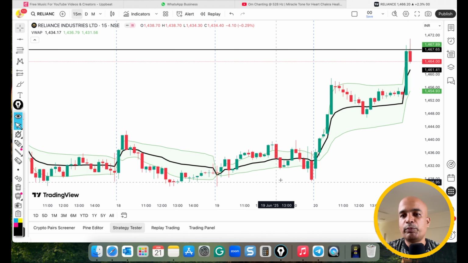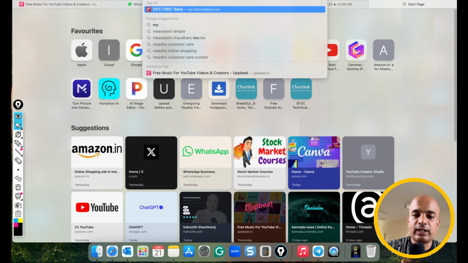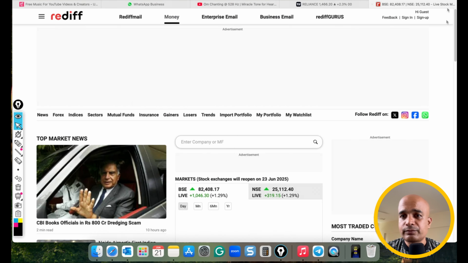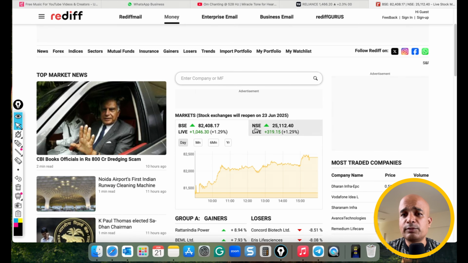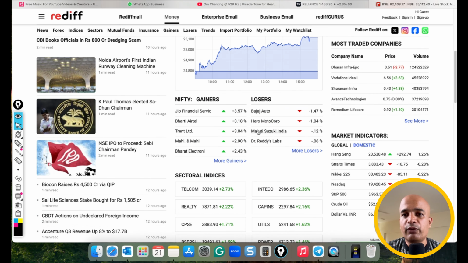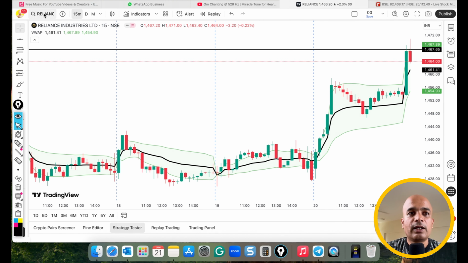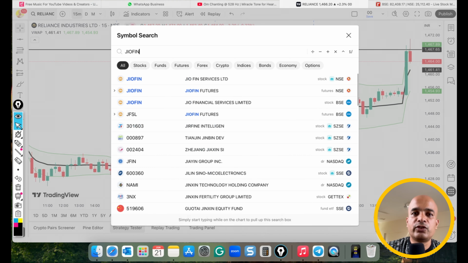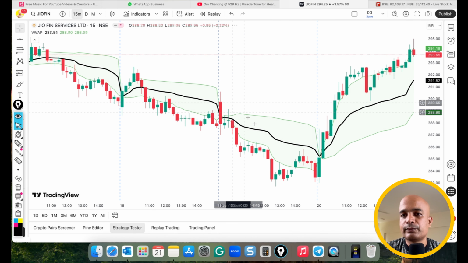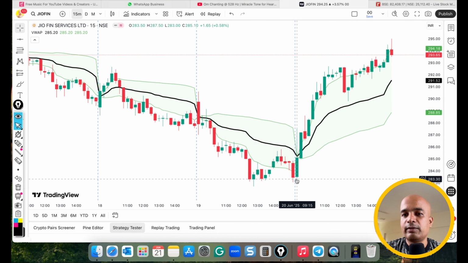So the price should close above this line. Now if you check some of the leading stocks which gave good movement on this particular day, let's check Jio Financial Services. Here also it is not there. The price closed below.